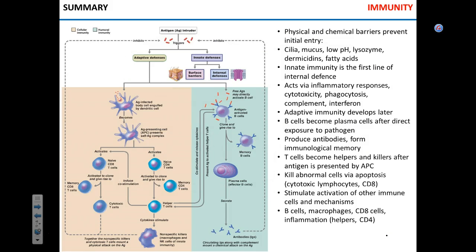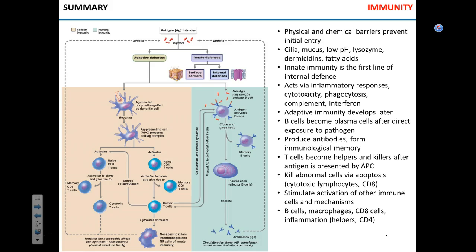So this is a very bold attempt to summarize in one slide the entire human immune system. It's sort of an overview of what we were talking about up to this point. You have 3 defenses. Intrinsic defenses: dry skin, acidic stomach, mucus and cilia in the upper respiratory tract.